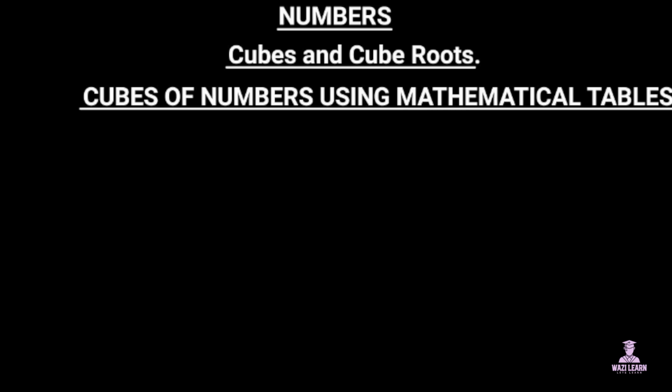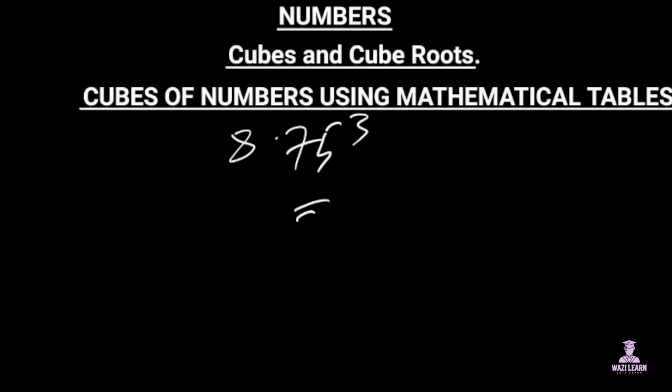Let's say you have a value which is 8.75, and you want the cube of 8.75. So the first two significant figures, you look them up in the x column. So you go down to where it is 8.75, and then you move across to where it intersects with the column 5. After x you have 0 on top there.